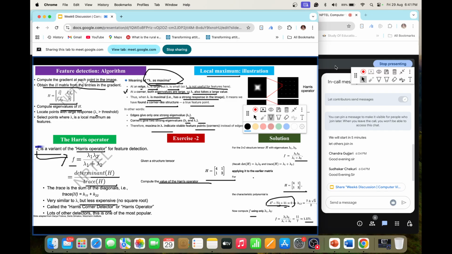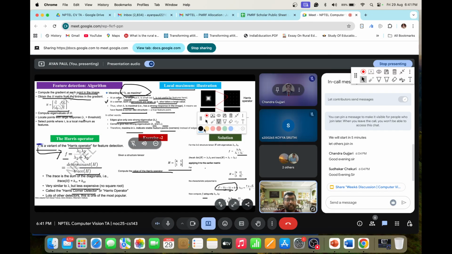Is this clear, how we get lambda 1 into lambda 2 and lambda 1 plus lambda 2 from the equation? Yes, sir. Clear, right?